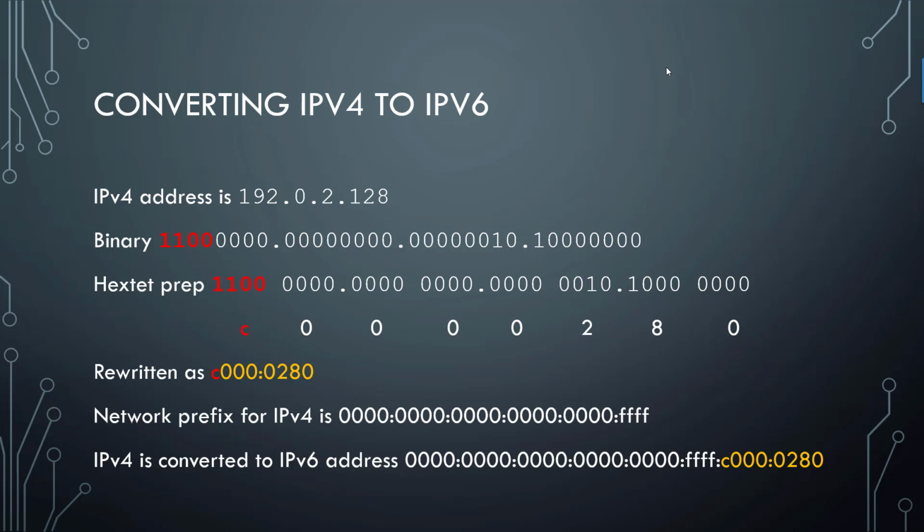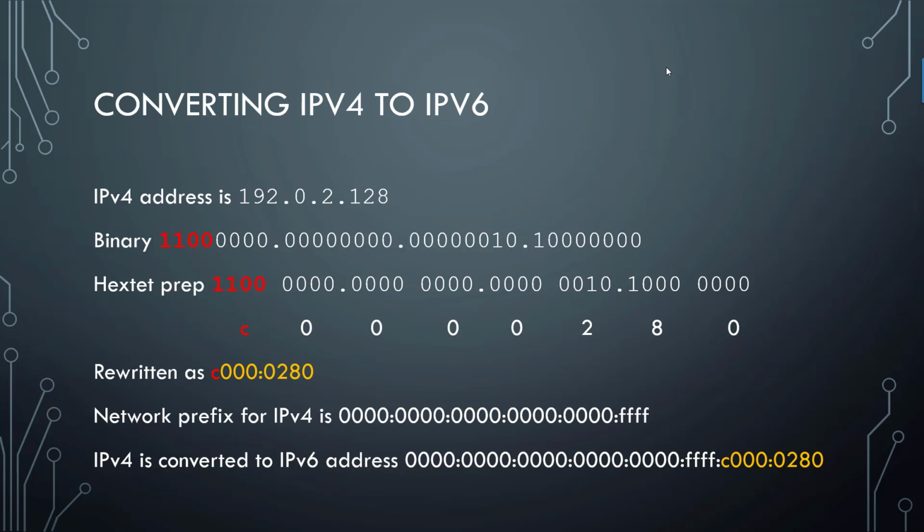We get that information from the fact that in the octet, the first position 1 is 128. However, when we do it in hextet, the first position 1 is an 8, and the next one is a 4. So that's where we get the 12 from, and the 12 becomes C.